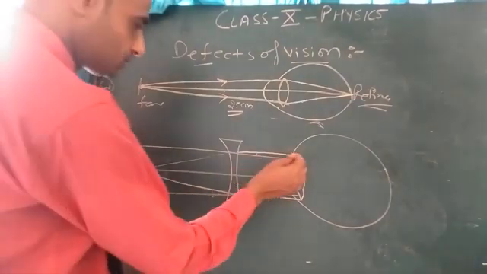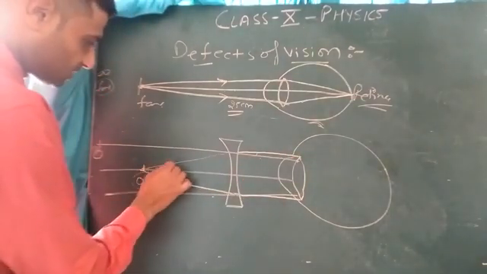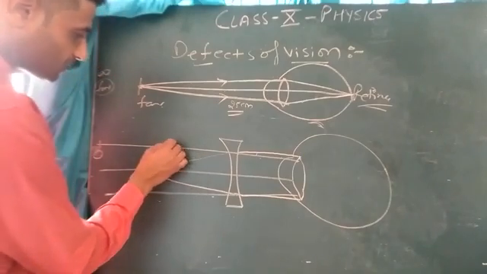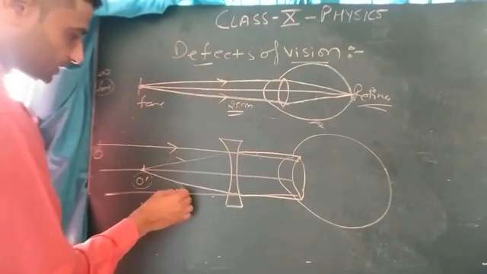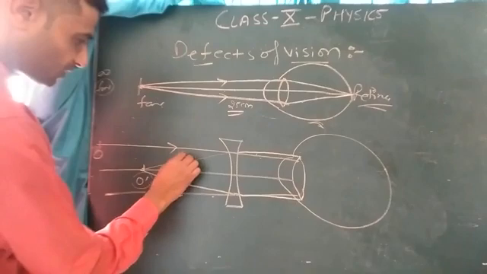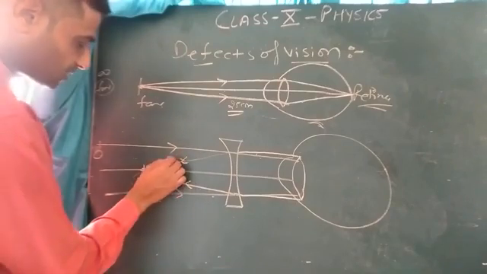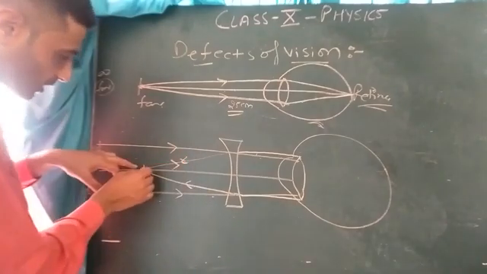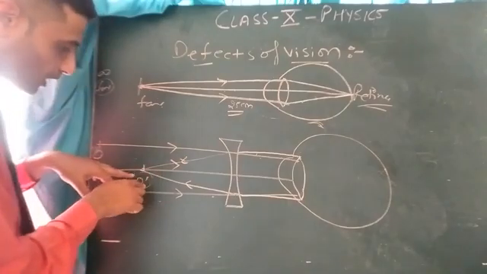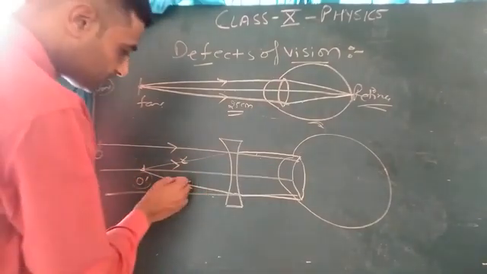So these rays of light, starting from infinity, are focused at O dash. Now this behaves as an object for the eye lens.